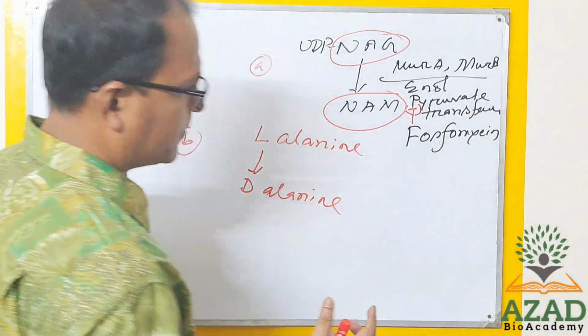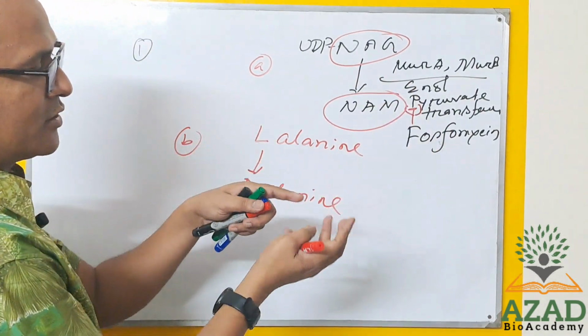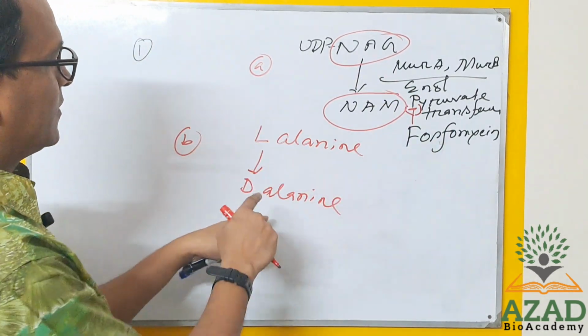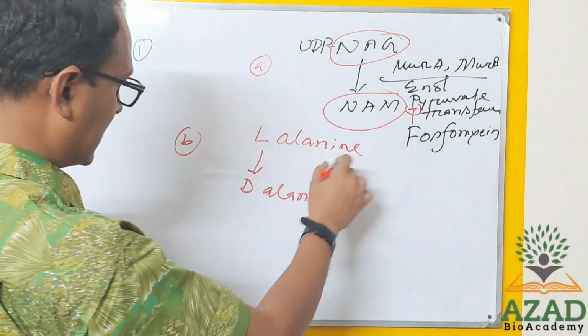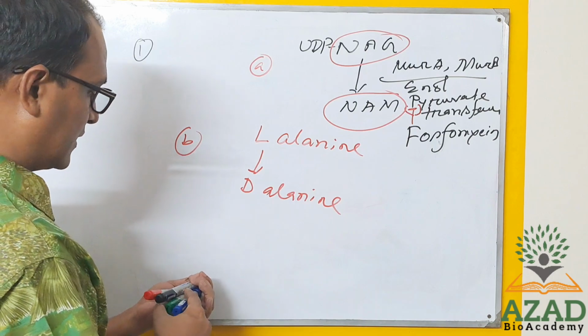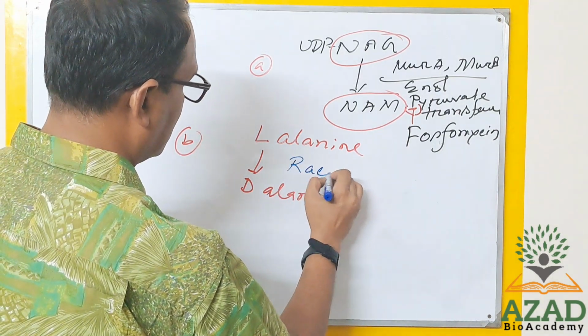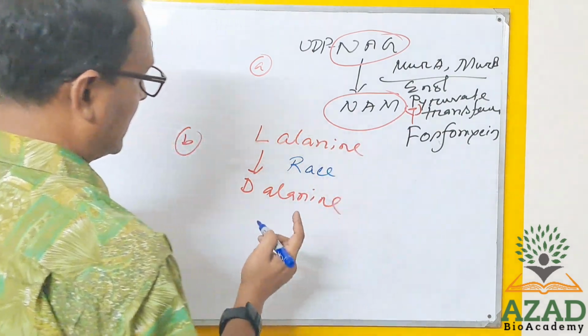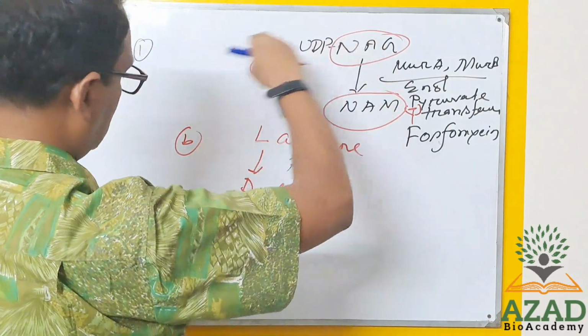If you recall, the fourth and fifth amino acids of the pentapeptide were D-alanine. L-alanine will be converted to D-alanine by the help of the enzyme racemase, as I said in the initial stage.